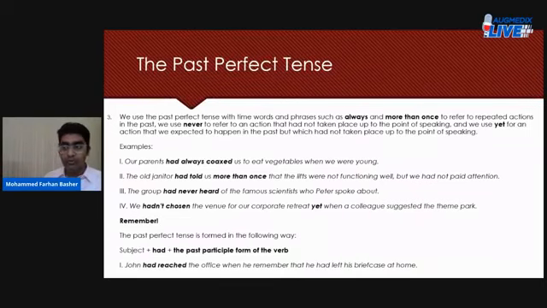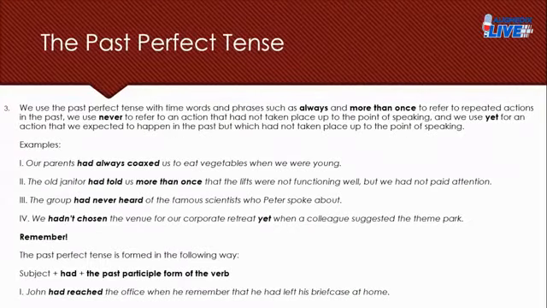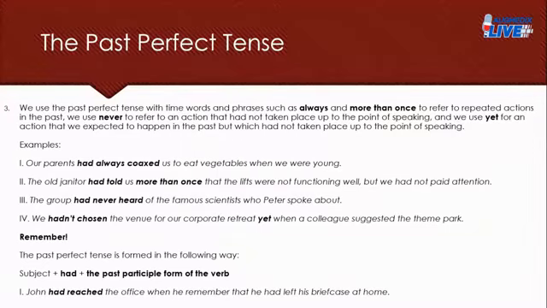Now remember, how do we form the past perfect tense? The past perfect tense is formed the following way: subject plus had plus the past participle form of the verb. John had reached the office when he remembered that he had left his briefcase at home, right?